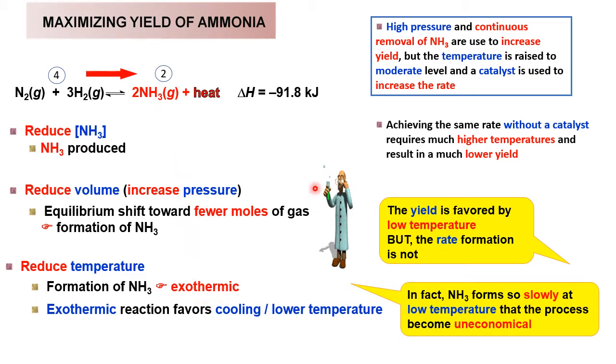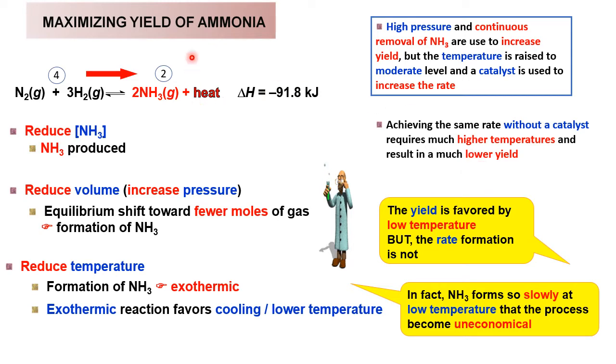However, we need to consider a few points. High pressure and continuous removal of ammonia are used to increase yield, but the temperature is raised to a moderate level, not a low level. Okay, and a catalyst is used to increase the rate. Because in order to achieve the same rate without a catalyst, it requires much higher temperature and results in a much lower yield.